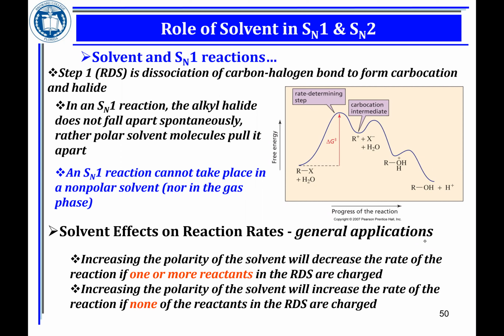Okay, for the SN1 reaction, you want to make sure that the reaction is polar, because the leaving group that is leaving has to be stabilized by something. Since it needs to be stabilized, if you bring a polar solvent, or preferably a polar protic solvent, it's going to promote or help the leaving group to leave.